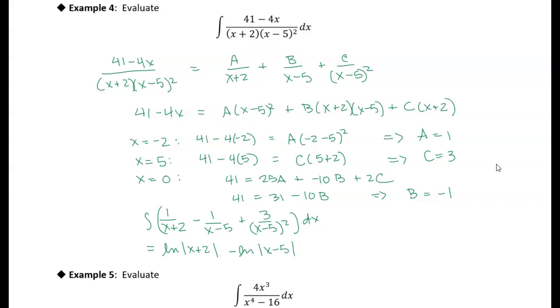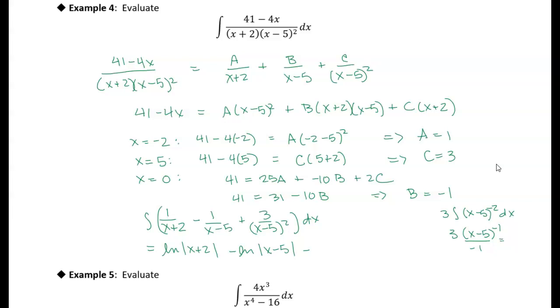Probably the easiest thing to do would be a substitution, so I'm just going to do this off to the side. I've got 3 times the integral of, I'm going to rewrite this as x minus 5 to the minus 2 dx. This is essentially like x to the minus 2. I could do a substitution, but it's actually easier to just write this as 3 times the exponent plus 1, so I'm going to have x minus 5 to the minus 1 over minus 1.